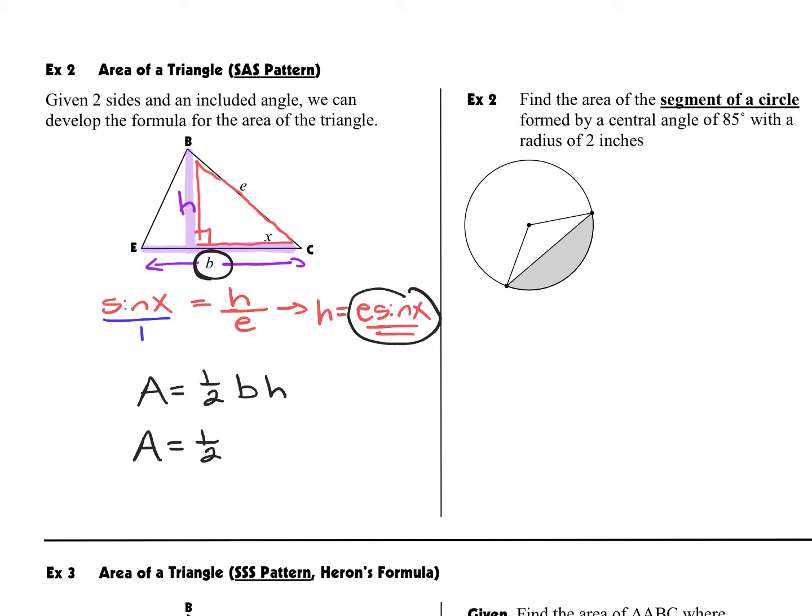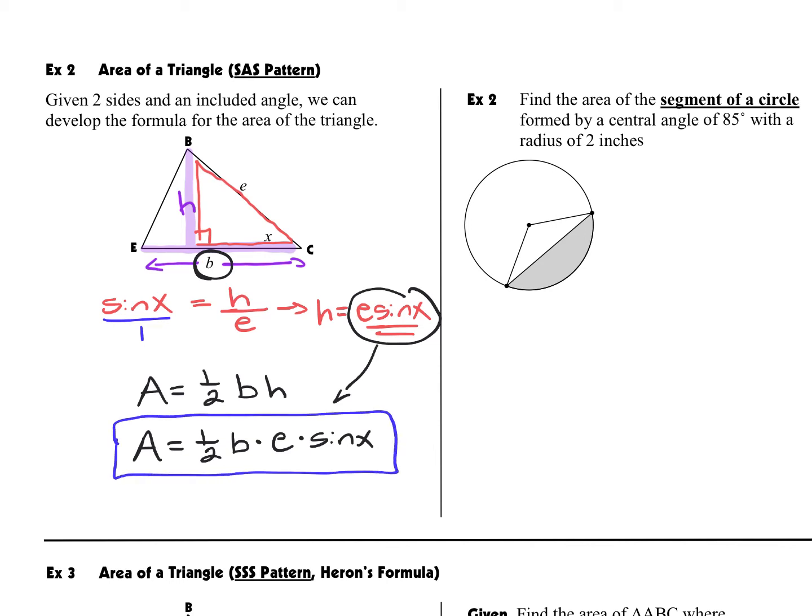Our base in this case is in fact B, and the height of our triangle from the work we just did is E times the sine of angle X. And now we have a whole formula, this whole beautiful, perfect formula using all the information we've been given. We will know the measure of B, we will know the measure of E, and we will know the measure of X. So these are all going to be given pieces of information, okay?